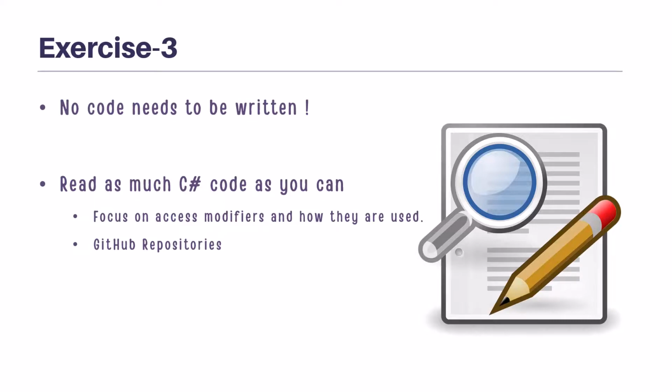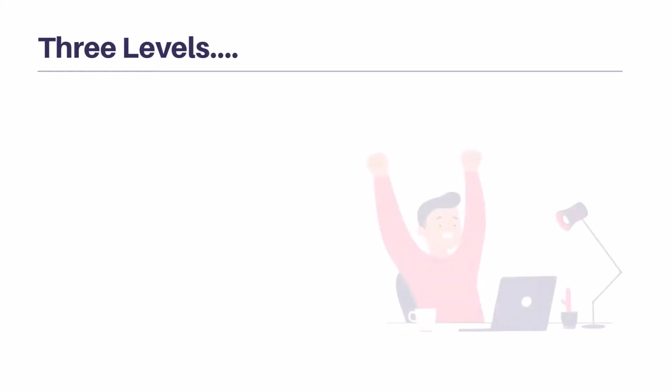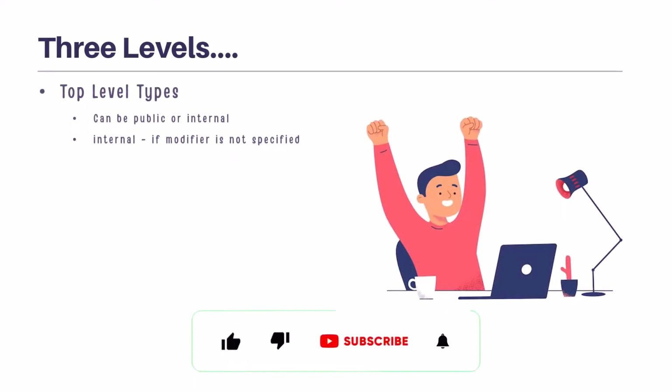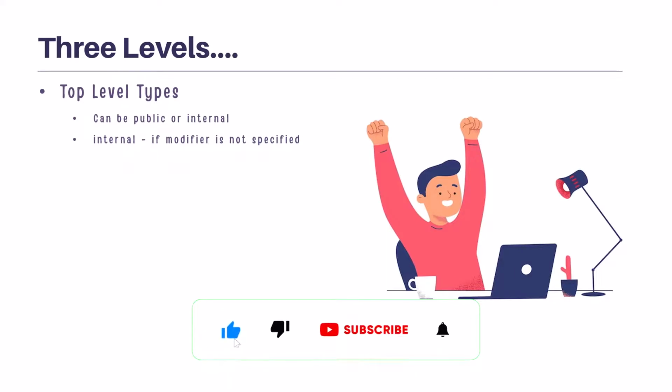Now let's move on. Now this is the last section of this episode. In this section, we are going to talk about the things that we have discussed in this episode. We began our discussion with some glossary. I used the word top level types for the types which are directly defined within a namespace. And with the top level types, we can use only two access modifiers, public and internal.